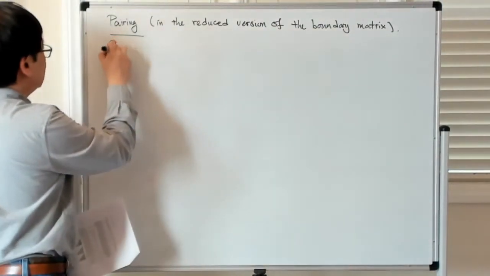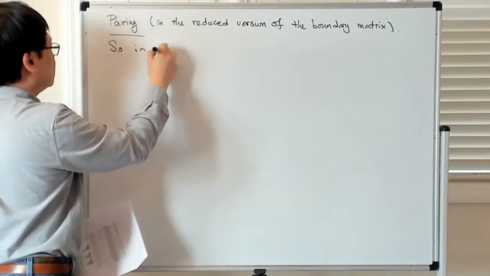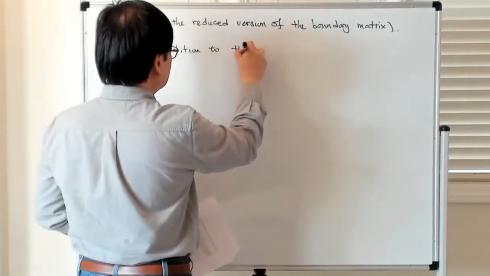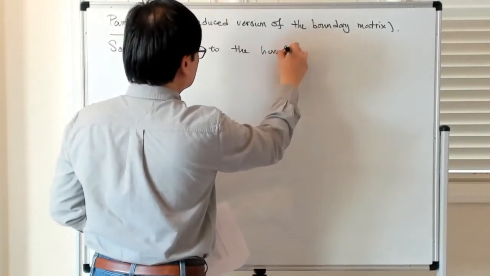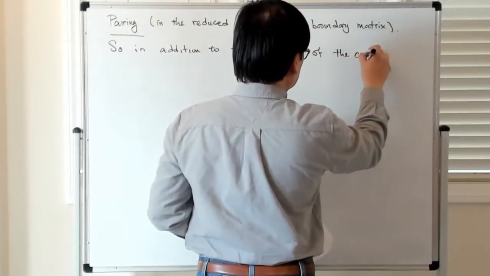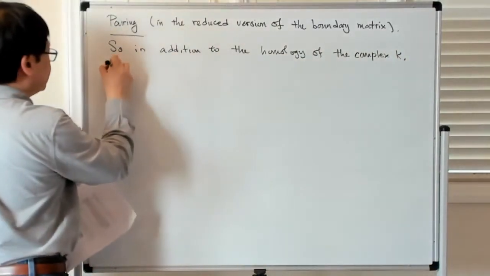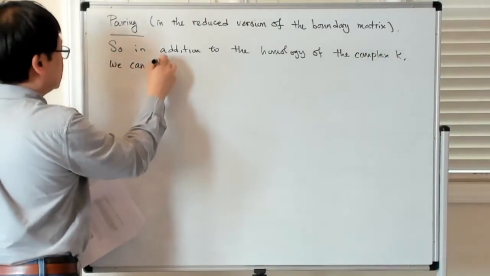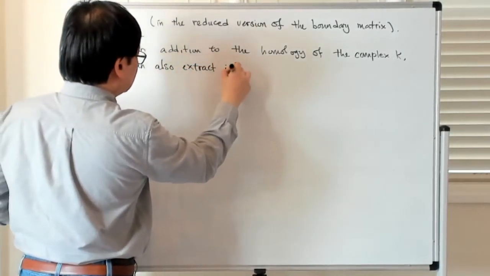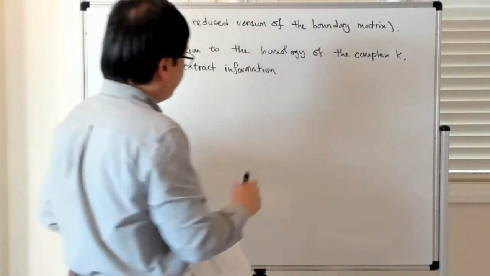So in addition to just the homology of the complex K, we can also extract information about persistent homology.